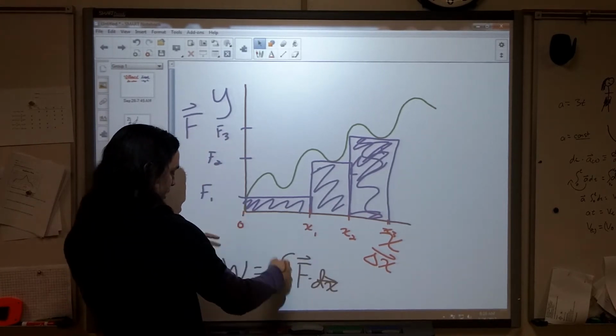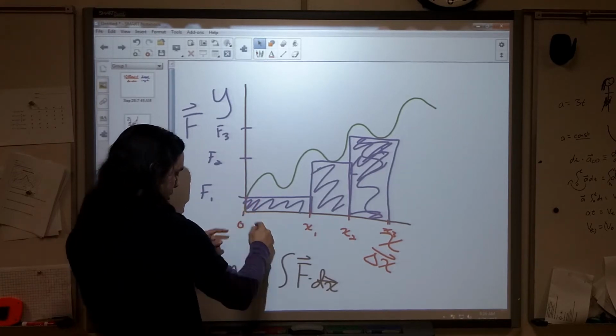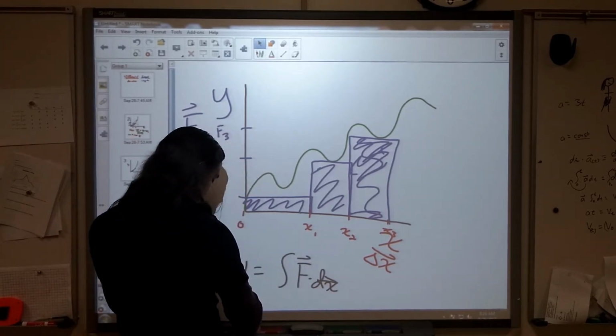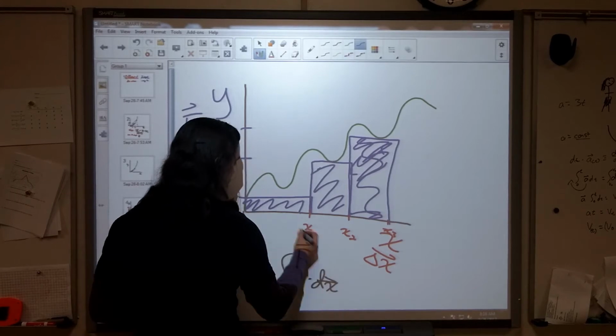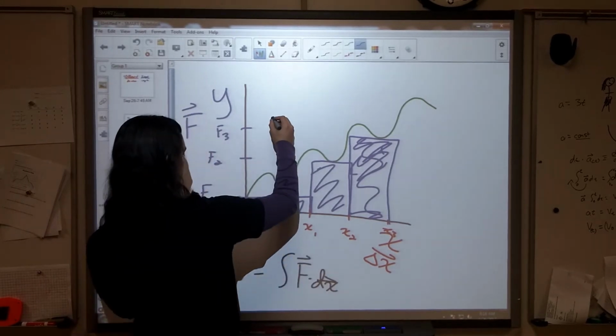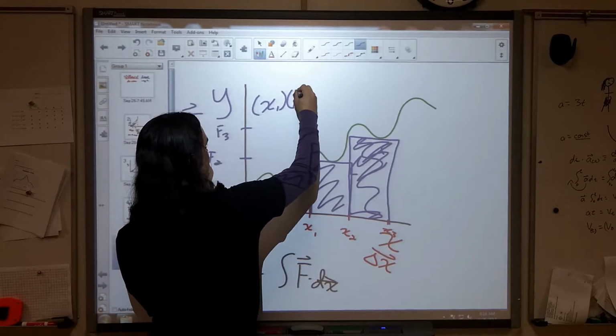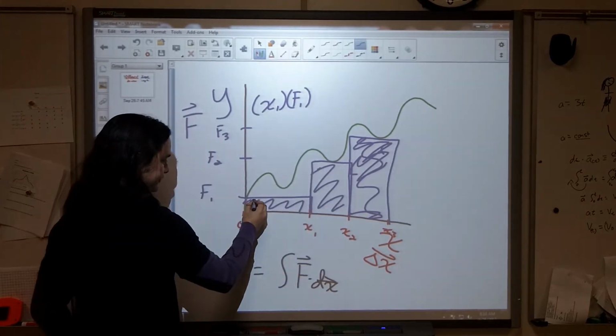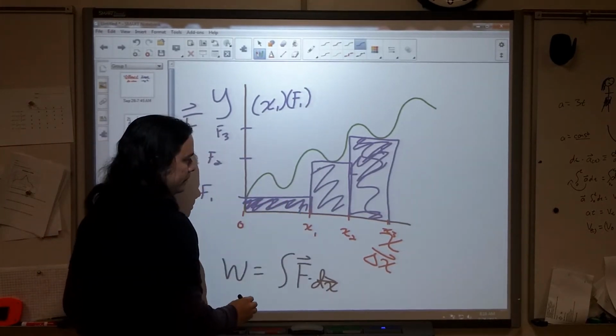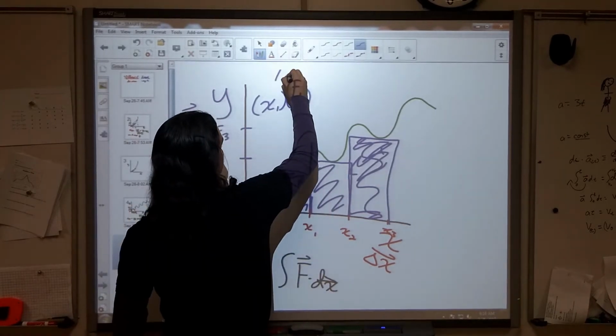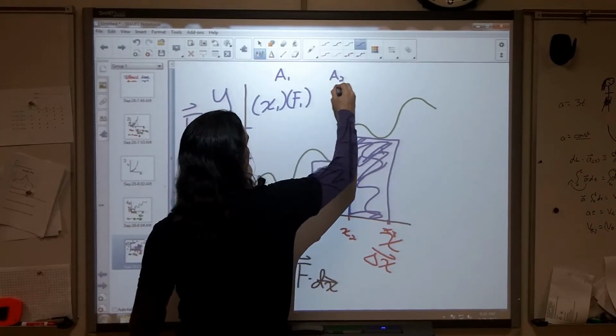So I have x1 minus 0 times f1 minus 0. So my area here for the very first one is going to be x1 times f1. That's my area.